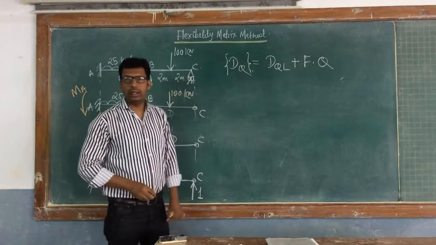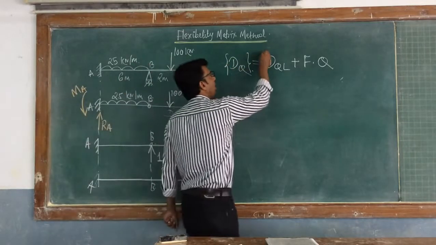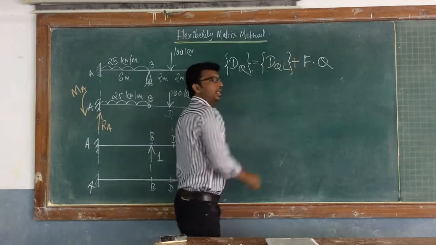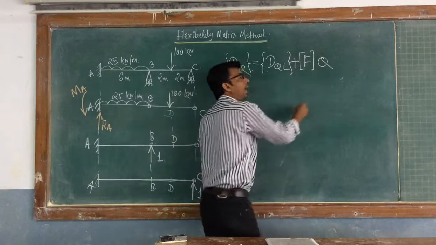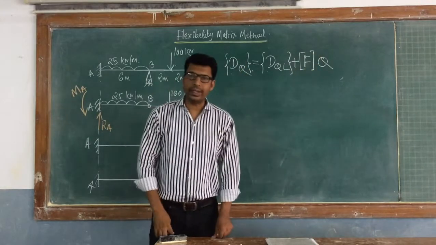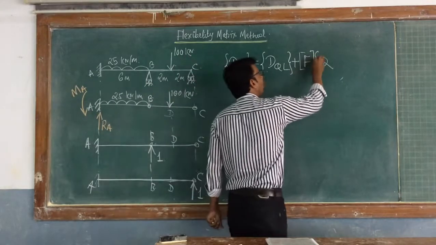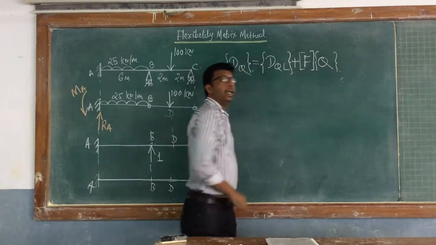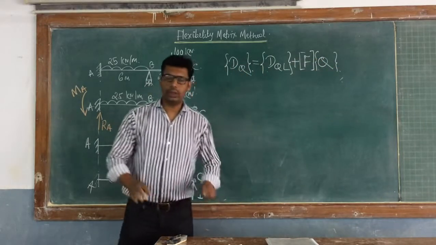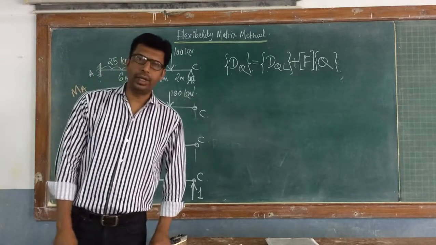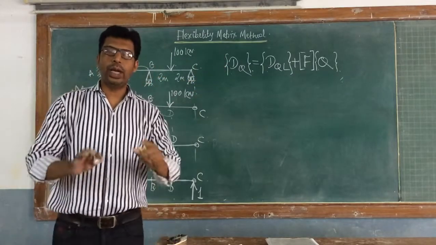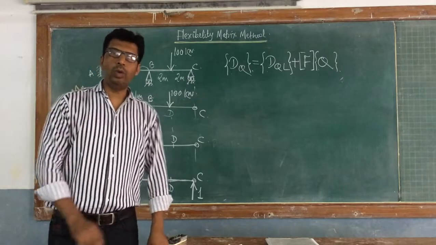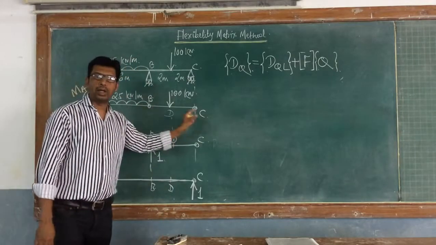This is a column vector. This is also a column vector. F is a square matrix and Q again a column vector. Okay, so this is the compatibility condition. Now one by one we have to find out all matrices to get your final answers. Final unknowns are RB and RC.